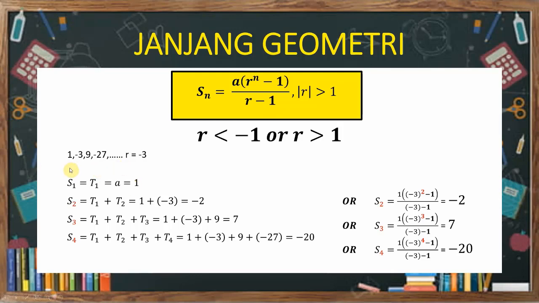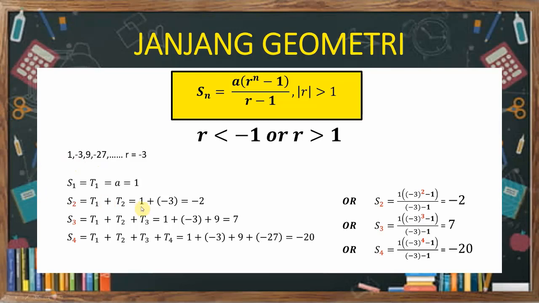The example is 1, negative 3, 9, negative 27, where the r is negative 3. Negative 3 is less than negative 1. Therefore, we use this formula.